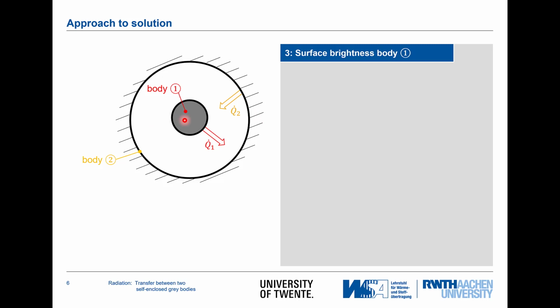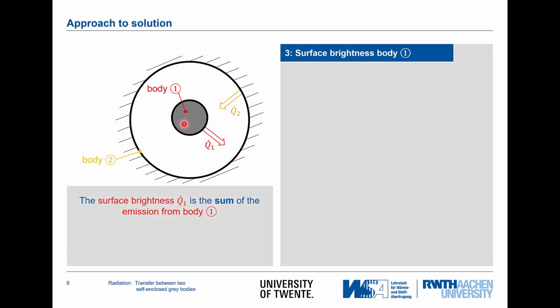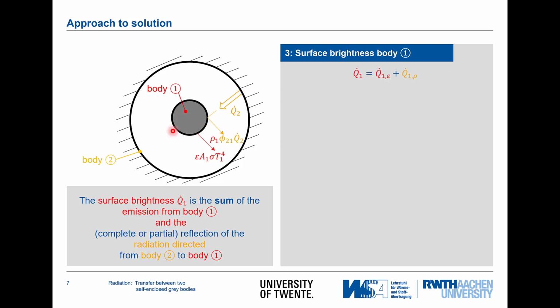We'll start with surface brightness of body 1. So this is emission from body 1, and this is then once emitted also what comes from object 2 and what's been reflected at body 1. So to write this down, you see here, this is the reflection of what comes from 2 and the emission.